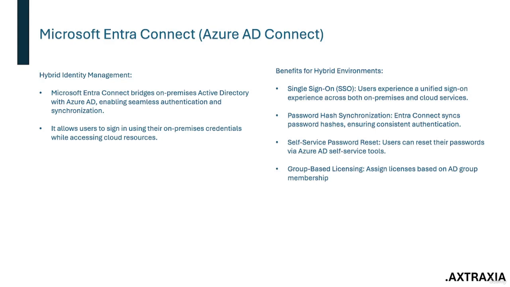The passwords are protected by hash synchronization. So that means when you set a password in your local Active Directory, that password writes to the cloud services, and it is that same password that is going to be synced across for authentication for cloud services. And users can also reset their own password if it's configured.